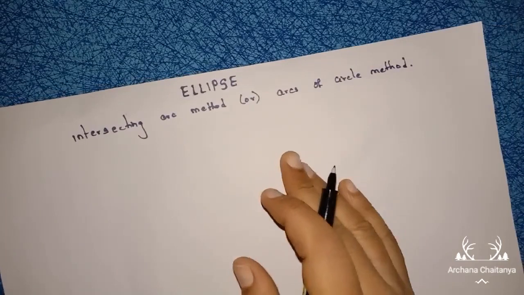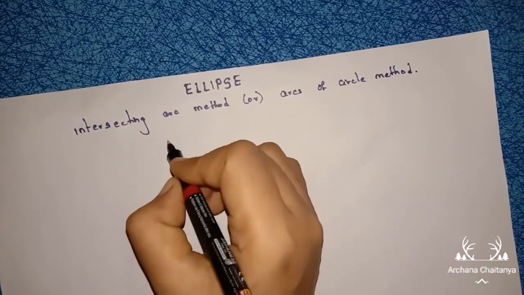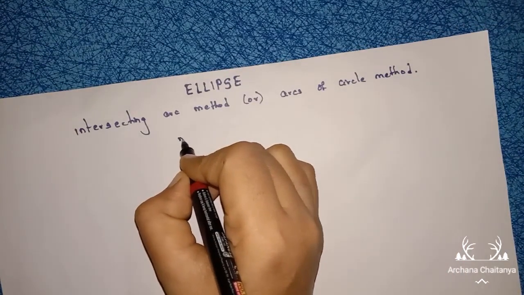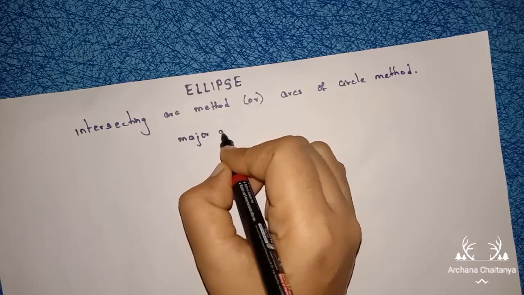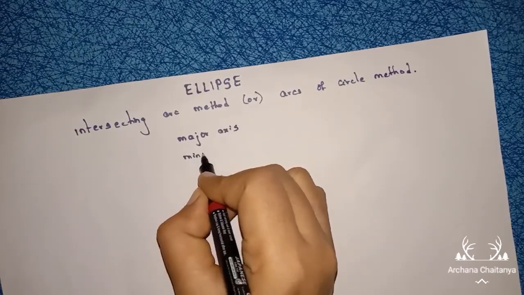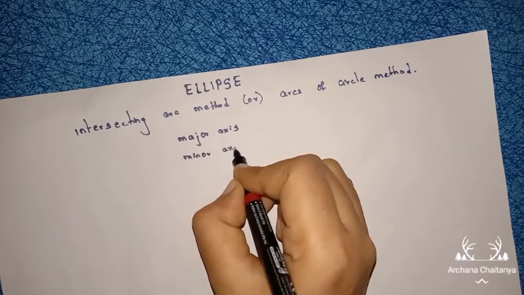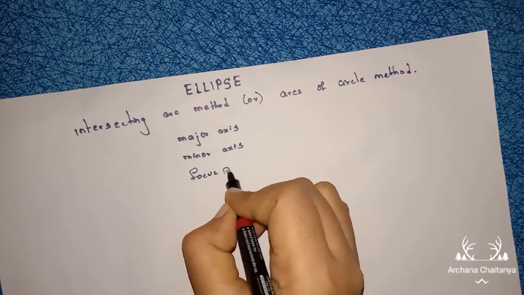Now in this intersecting arc method or arcs of circle method, in the question they will definitely mention the major axis, minor axis, and focus points, right?